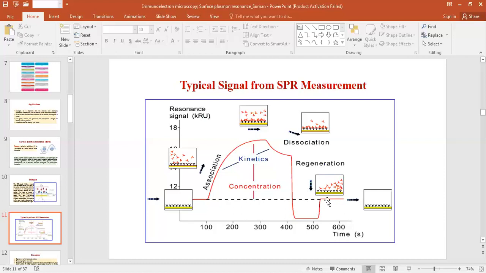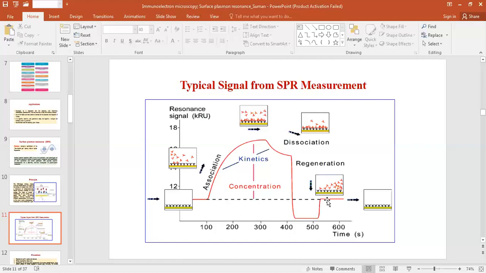During the injection of an analyte, the binding response increase is due to the formation of analyte-ligand complexes at the surface of the sensor chip, and the sensorgram is dominated by the association phase.